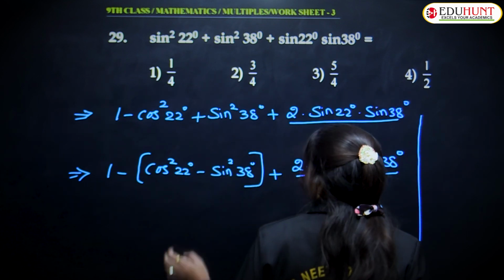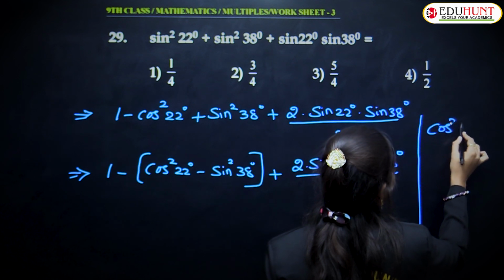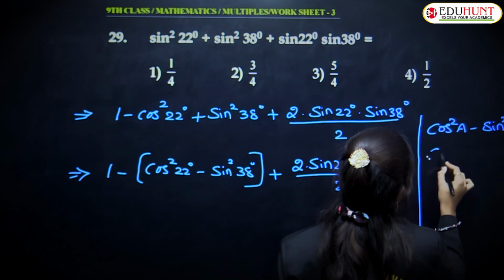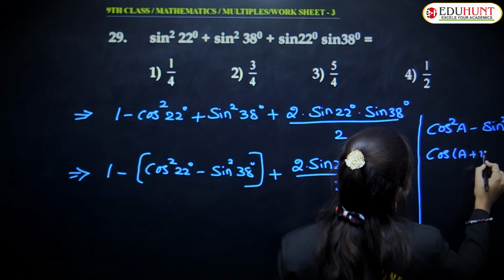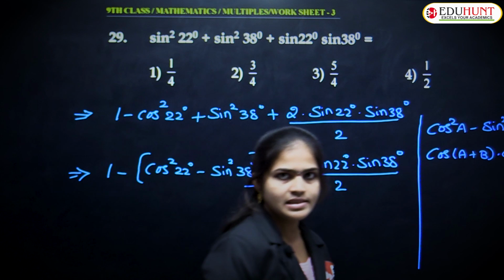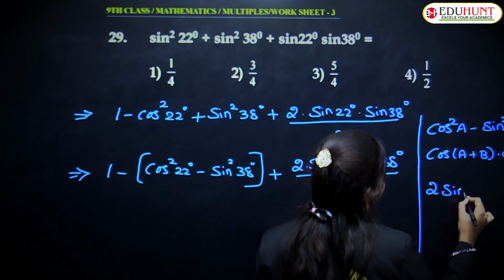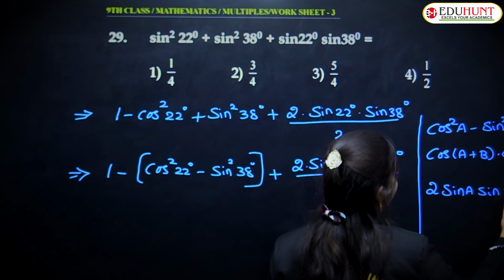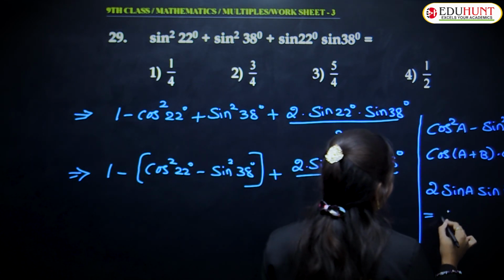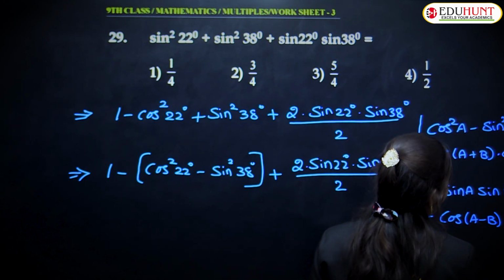Here cos square A minus sin square B, as we used previously, is equal to cos of A plus B into cos of A minus B. Understand? And in the same way, 2 sin A sin B is the formula of cos of A minus B minus cos of A plus B.